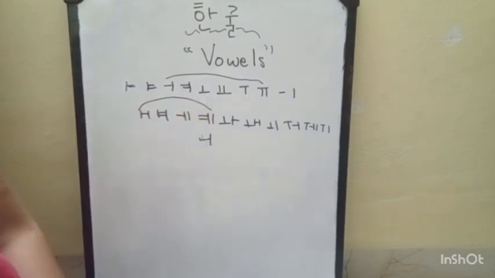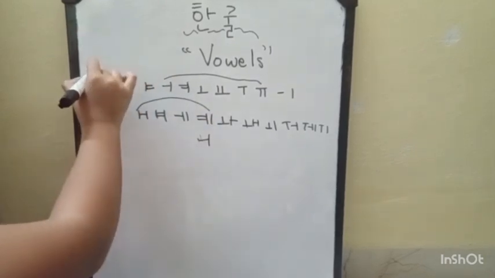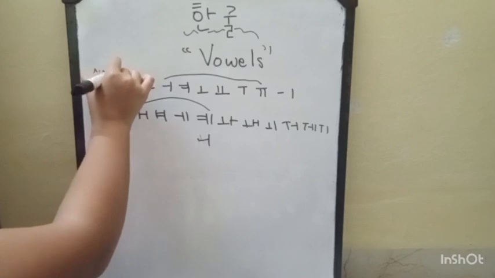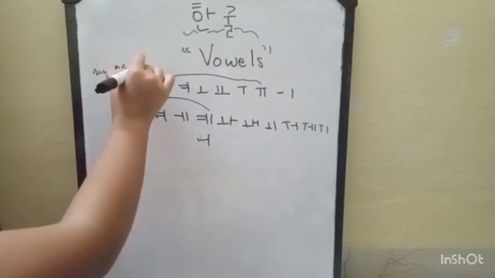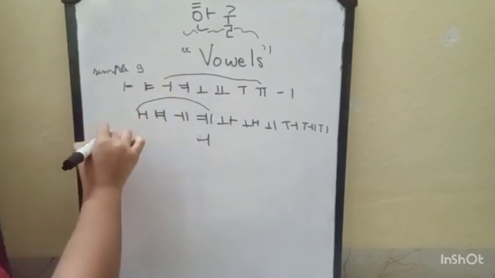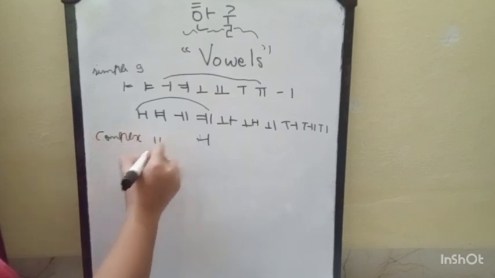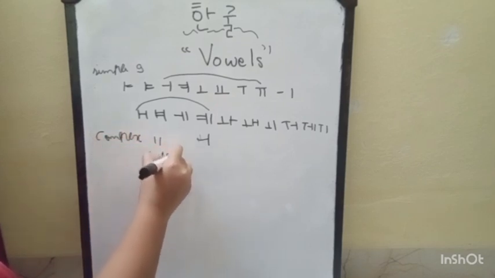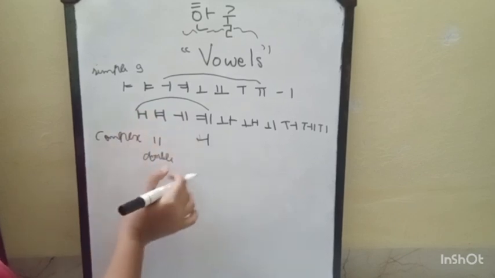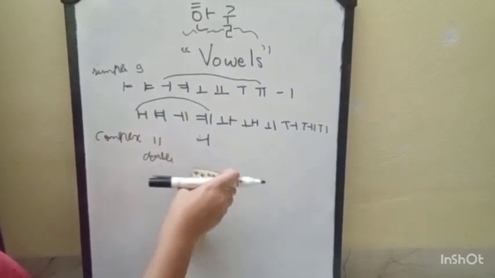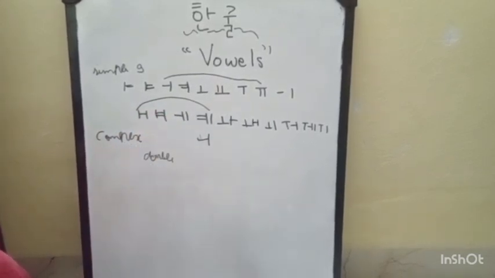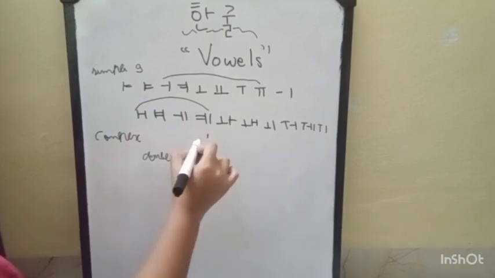The first line is also known as the simple vowels, which consist of 9, and these are complex, also known as compound, because they have 11 double vowels. As you can see, they consist of double vowels.